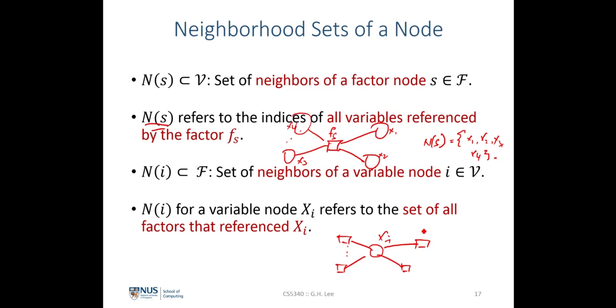So for example, if these are f1, f2, f3 and f4, then ni would simply be equal to the set of f1, f2, f3 and f4.